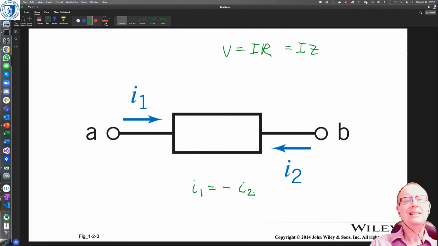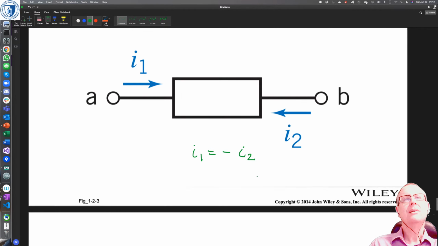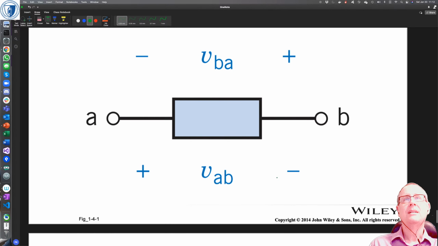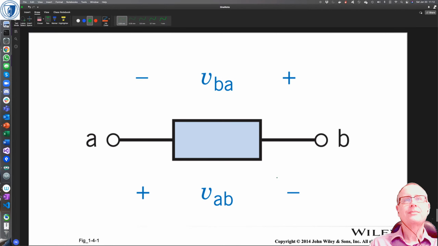It doesn't necessarily come out from the physical properties, but it's a convention that helps figure this stuff out. Right, so here's the next step. The first one was looking at the currents.